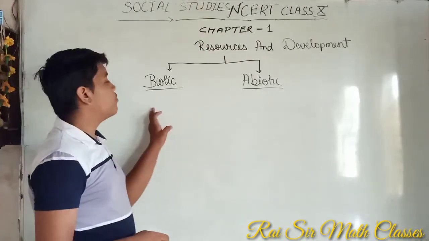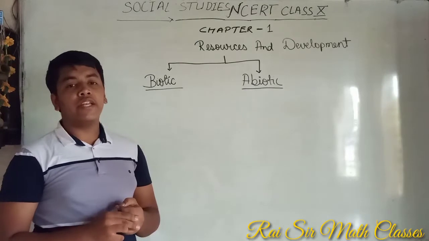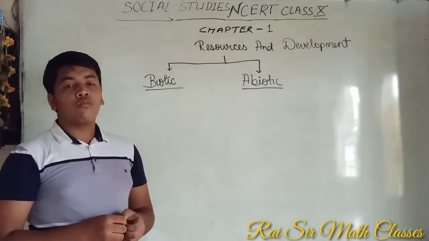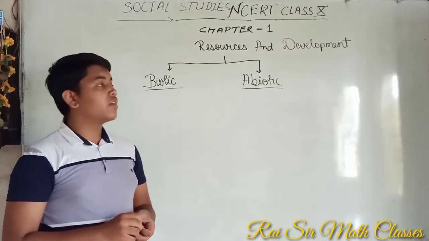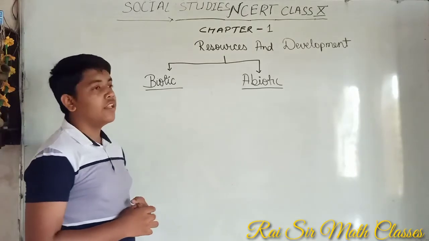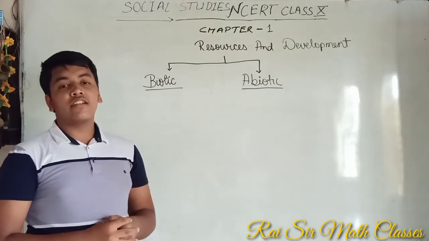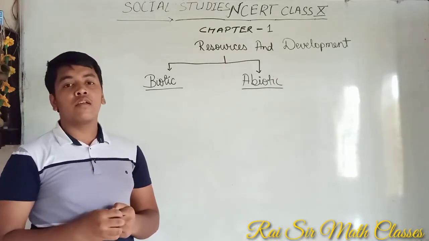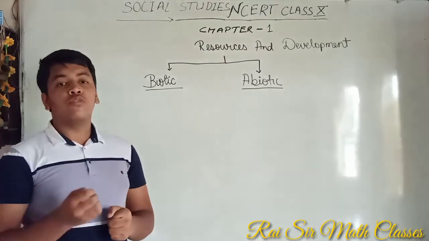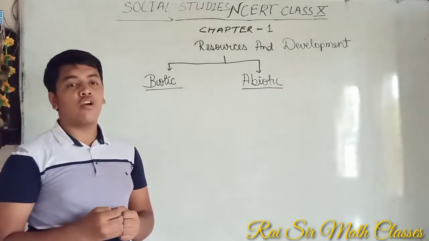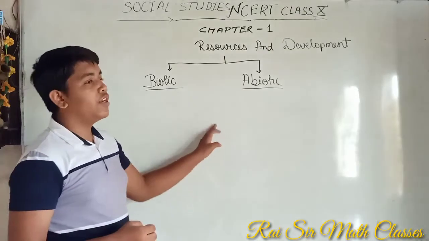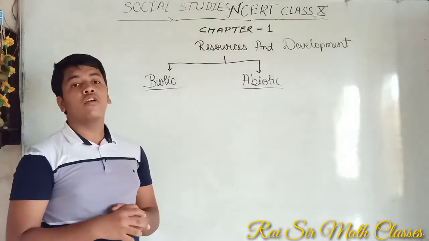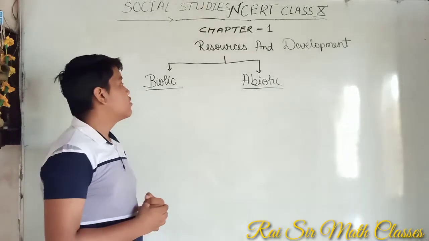Biotic resources are the resources which have the presence of humans, or we can say living organisms, and abiotic resources have the presence of non-living things.